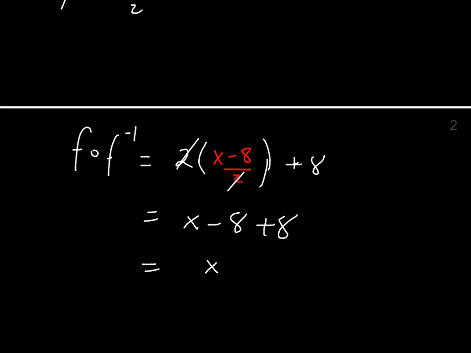So clearly, it doesn't make a difference whether I put the function first and then the inverse, or the inverse and then the function. Either way, I end up getting f composed with f inverse equals x. So really, whenever you compose a function with its inverse, you will always get the rule y equals x. You always get x when you compose something with its inverse.